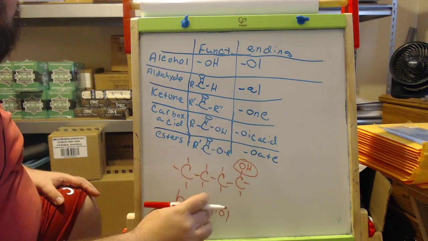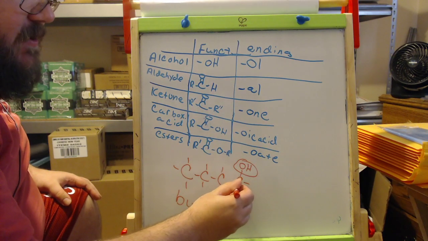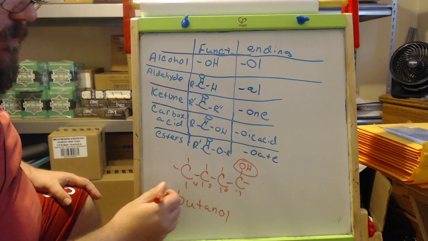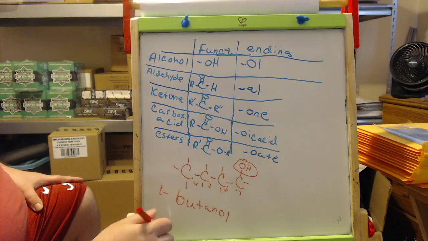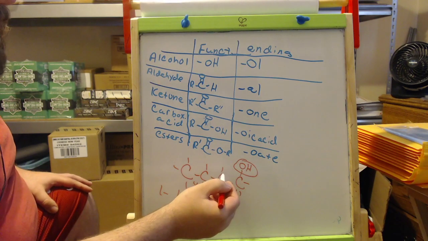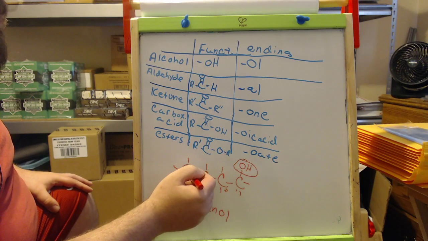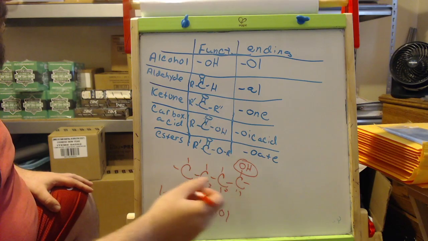I have to distinguish where the OH is, shortest distance. This would be 1, 2, 3, 4. That's 1-butanol. If the hydroxide was on here or here, they would still be 2-butanol. If the hydroxide was over here, that's also 1-butanol, because again, you count the shortest distance.